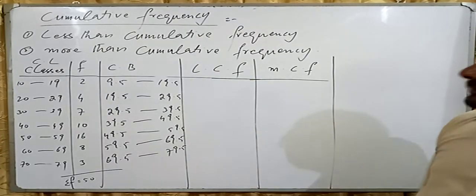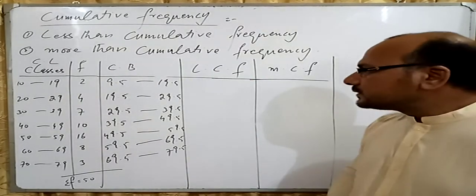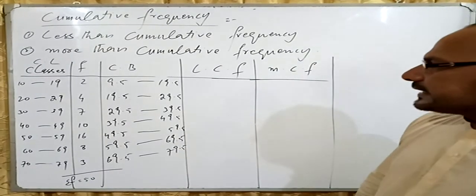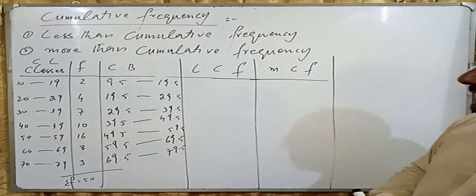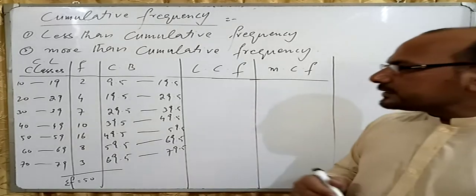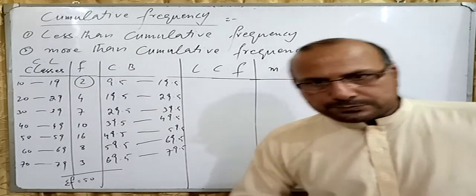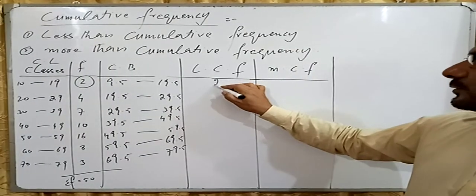Then for less than cumulative frequency, you have to find out the number of items falling in different classes. You will start from the first value of the frequency, that is 2. So here you will write 2.